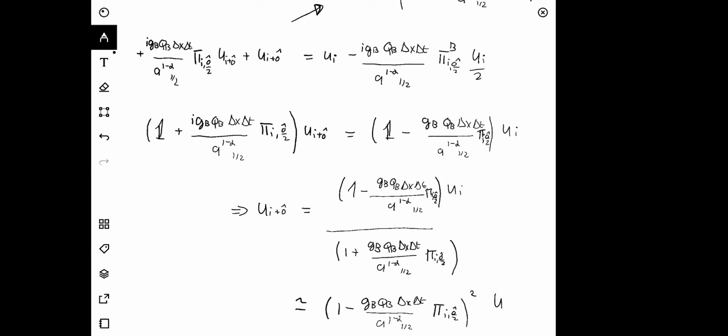And again, this is simply because we are working with this matrix pi I. And since matrix inversion is relatively complicated, and you're already working only at O of dx squared, it's better just to do this expansion. So you don't need to invert the matrix, you just need to compute the square.